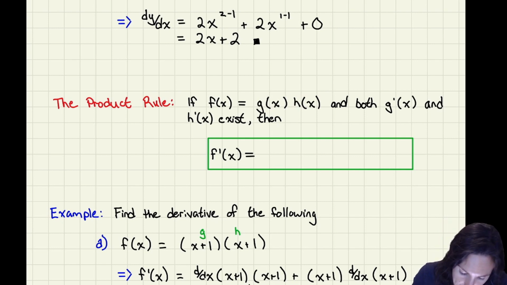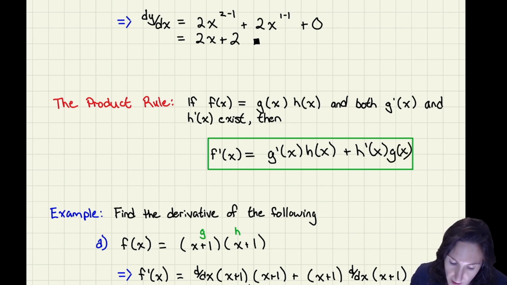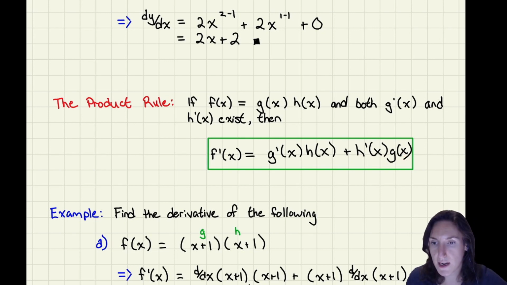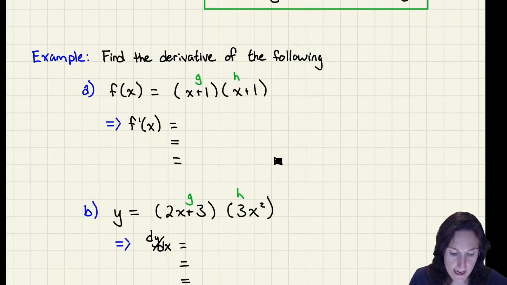So we can say f prime of x is equal to the derivative of the first times the second plus the derivative of the second times the first. Okay, if you want to write g of x first and then h prime of x, that's also fine. Whatever you prefer. Now let's do these examples.